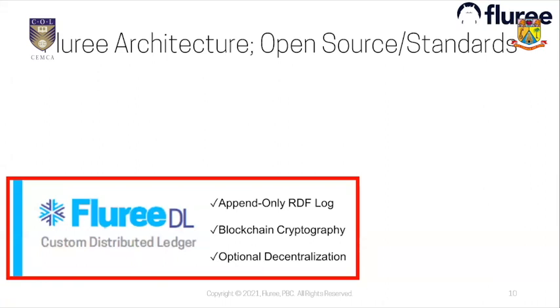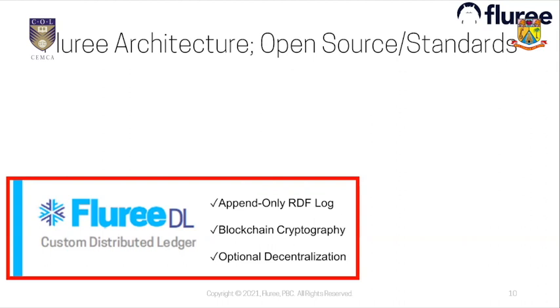It essentially acts as a fully immutable historic audit trail that represents every chronological state change to your data. Flurry DL is similar to a change data capture, a CDC log. It very efficiently captures deltas in what can be thought of as traditional CRUD operations: create, read, update, delete.